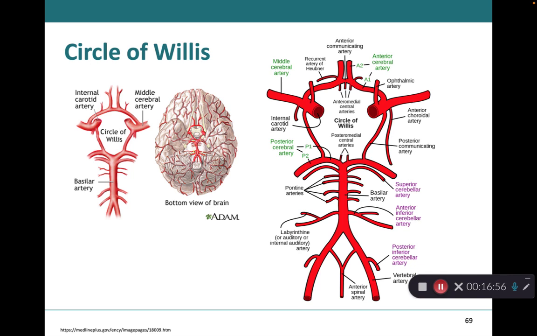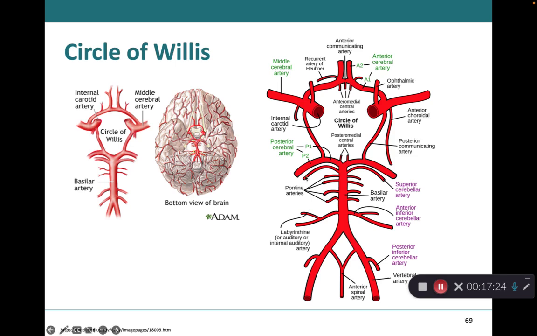Corticospinal tracts are also here, which could cause contralateral hemiplegia, which leads to paralysis and loss of motor control on the opposite side, the contralateral side of the body. The medial lemniscus is also here, so if this is affected, this would cause contralateral loss of touch, pressure, and vibration sensations.